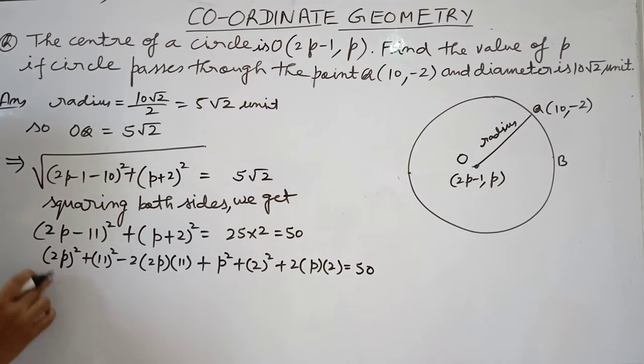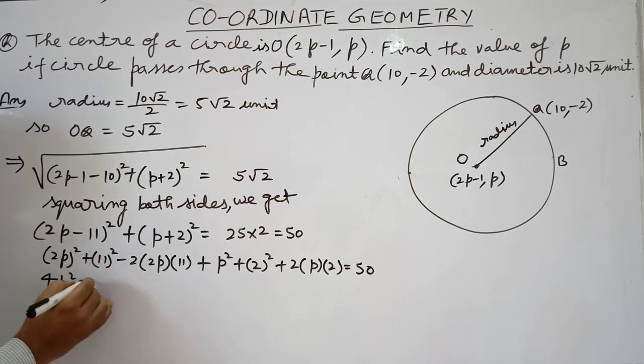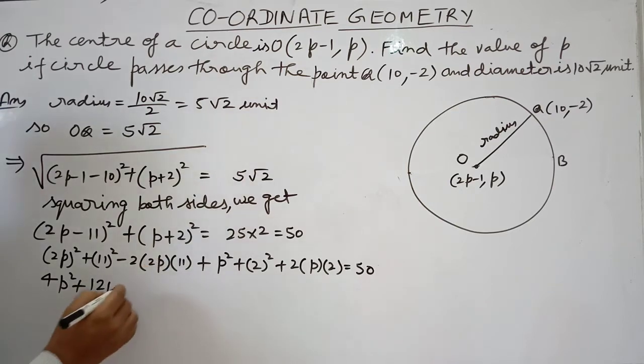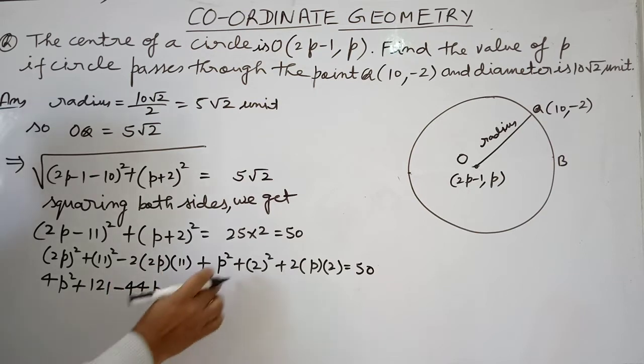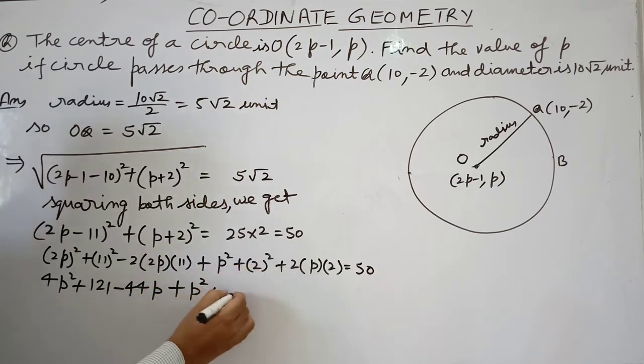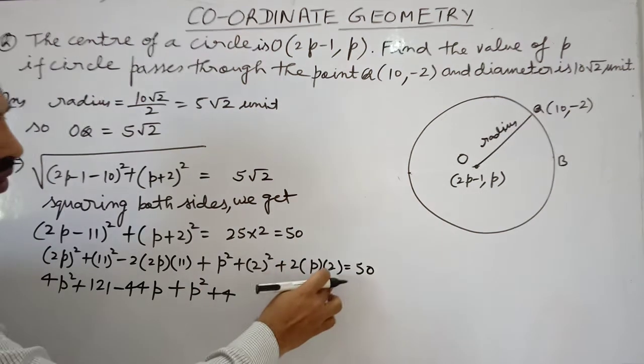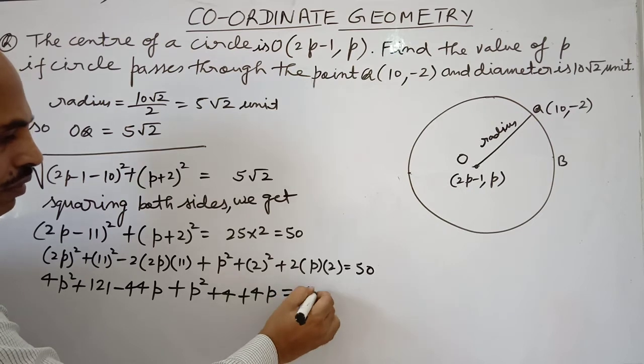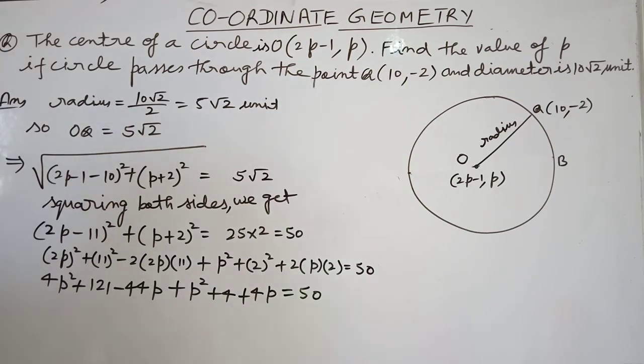This is (2p) whole square, 4p square. 11 square is 121. 2 into 2 into 11 is 44p, plus p square plus 4, plus 2 into 2 into p is 4p, equal to 50.